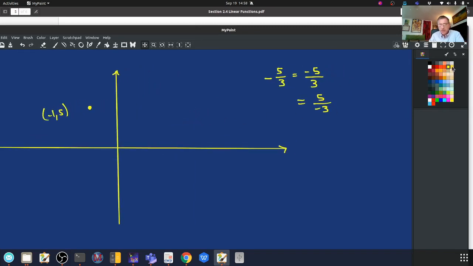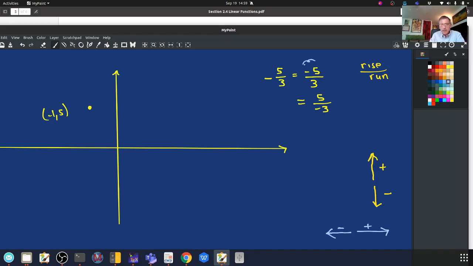So remember, informally, this is the rise over the run. When we're talking about a rise, going up is positive, going down is negative. The run, going to the right, is positive, horizontal now, going to the left is negative.